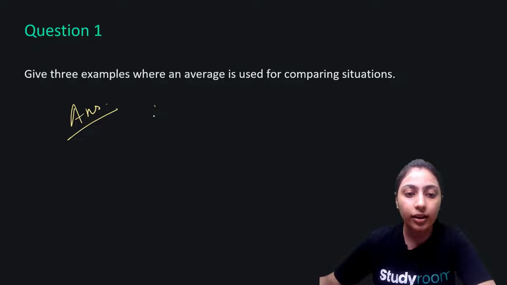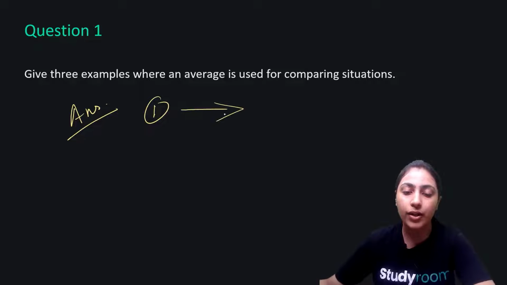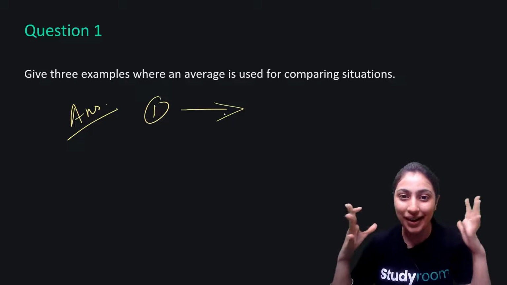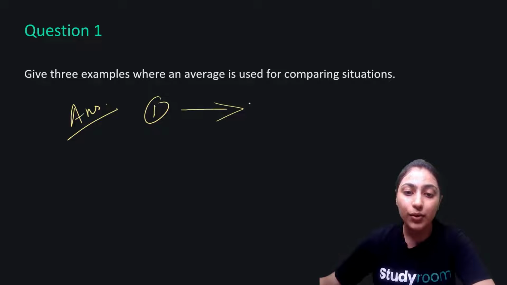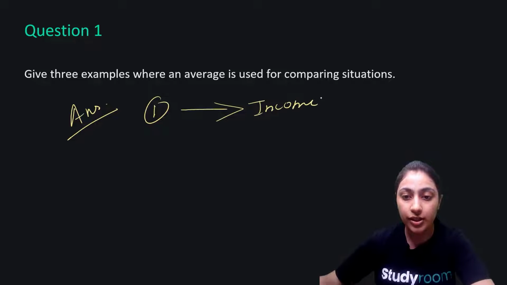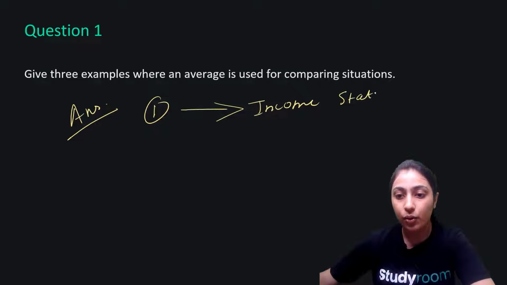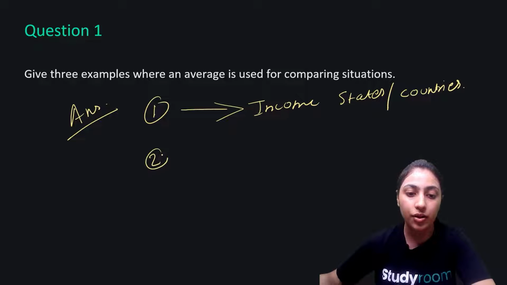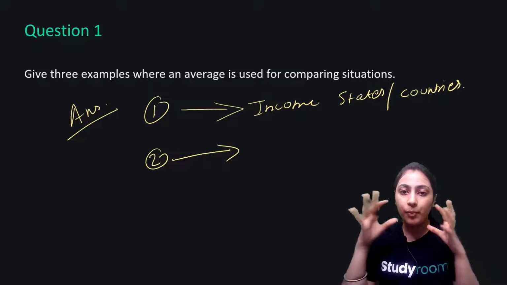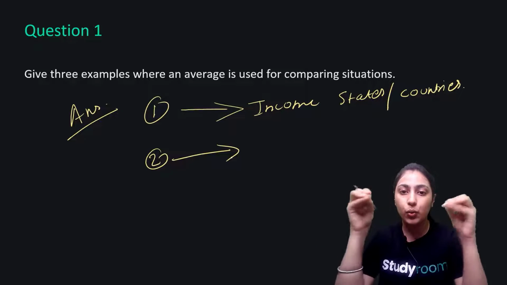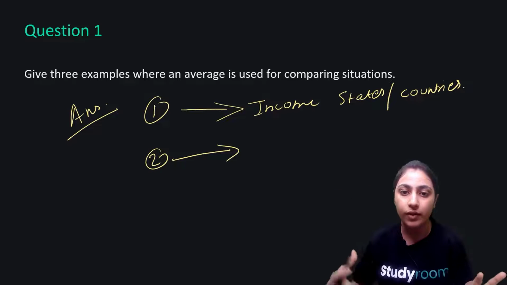Okay, so I think the first example that all of us must be having running in our mind, ma'am, is country, states. So yes, when it comes to calculating the income of different countries and states, instead of talking about each and every individual, instead of going to the home of each and every individual, we directly make a survey and then we compare the 2 countries or the 2 states as to which one is more developed.